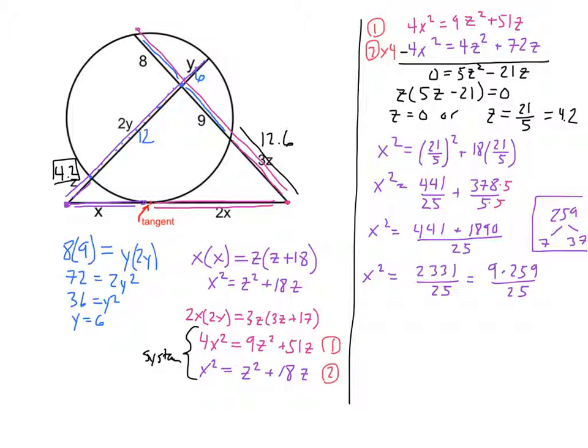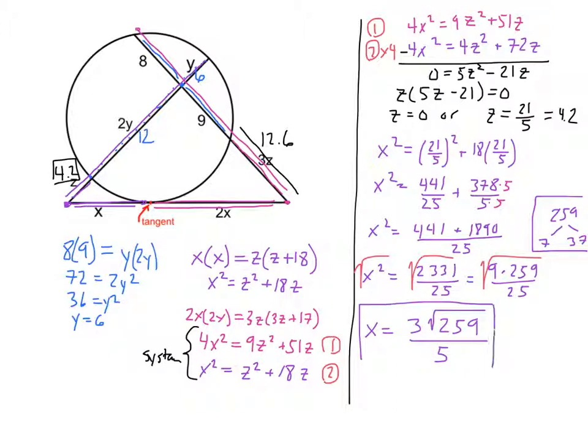It's 7 times 37, but those are both prime, and there's no pair. So when we take the square root of this whole thing, we're interested in pairs. So the square root of 9 is 3. Square root of 259 stays as the square root of 259, and on the bottom the square root of 25 is 5. And what a lovely answer we have there.